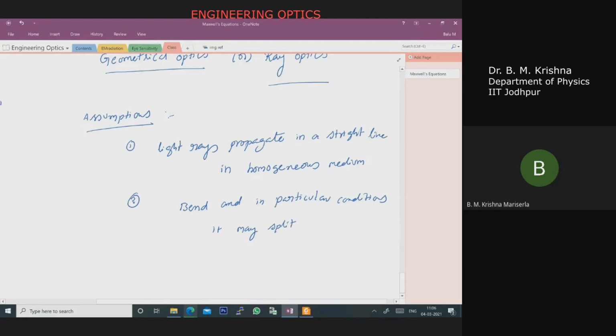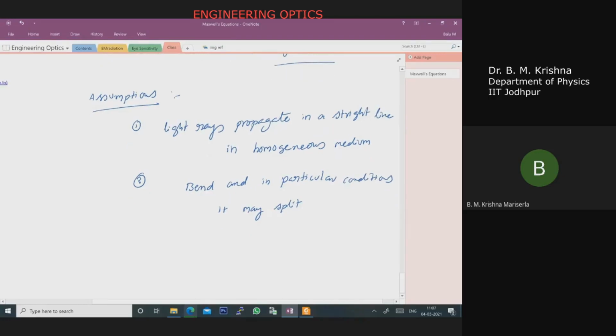So the light at different conditions may split or it can bend. If the split beams combine together again, they may interfere in a different medium. So all these are part of the assumptions.